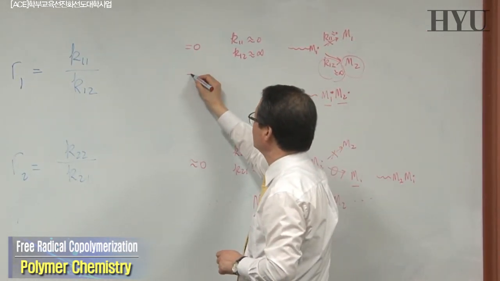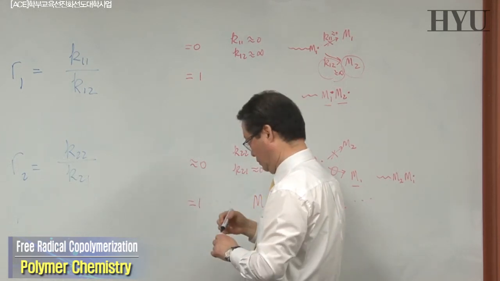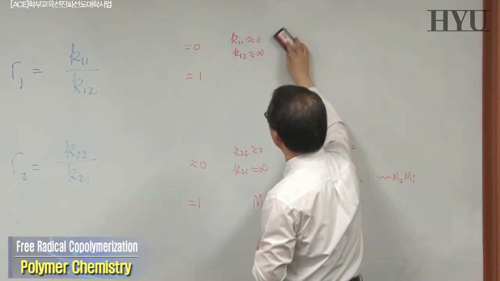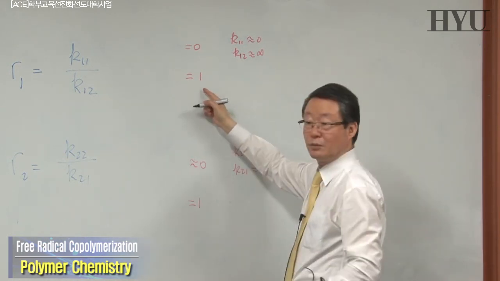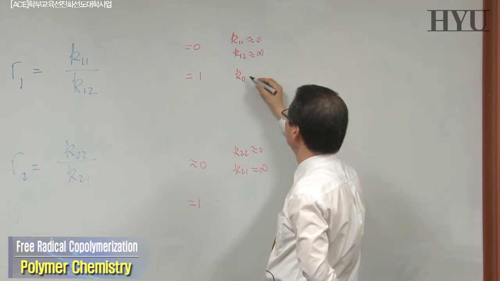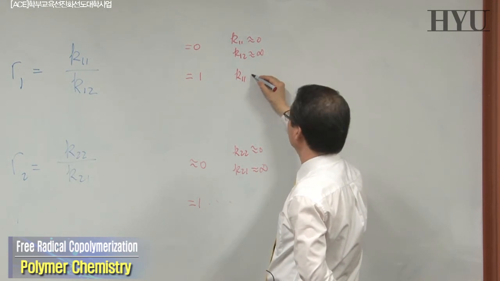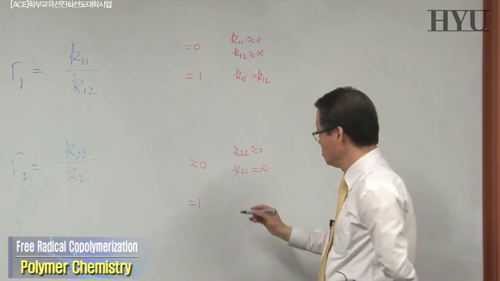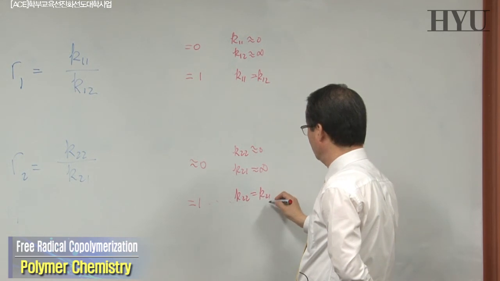Now, in the second case, when R1 and R2 are equal to 1, K11 is equal to K12, and K22 will be equal to K21.